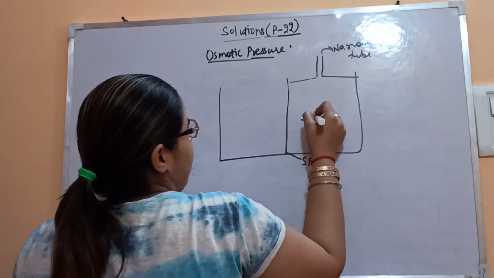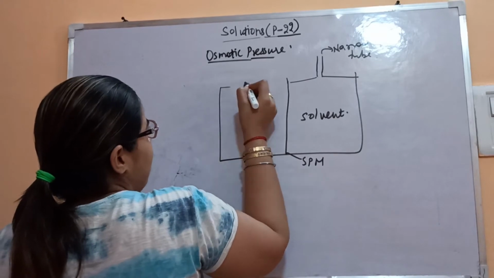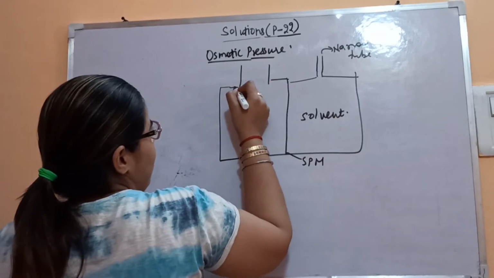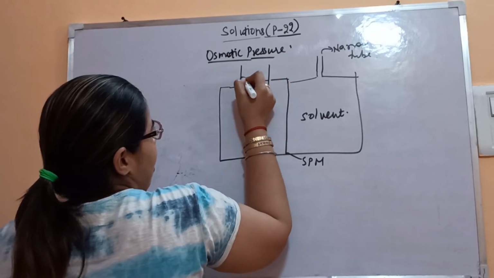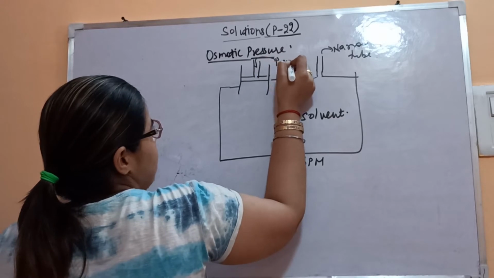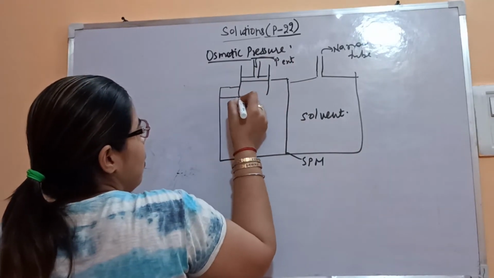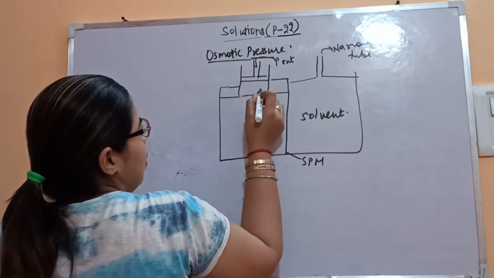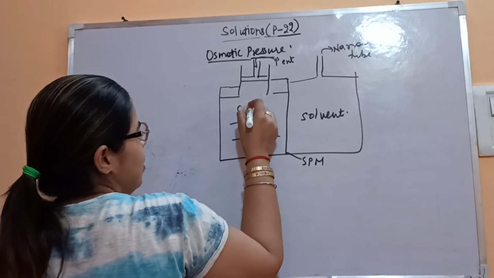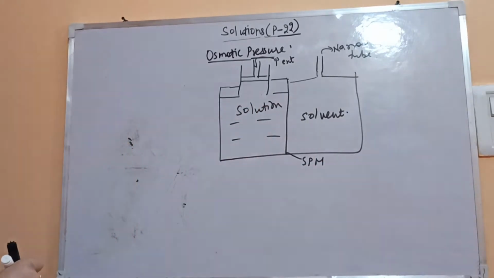This is pure solvent. And here we'll take the wider tube, and here we will apply external pressure, P external, pressure from outside. And here the solution is present. Here solvent, here solution. Now what will happen?